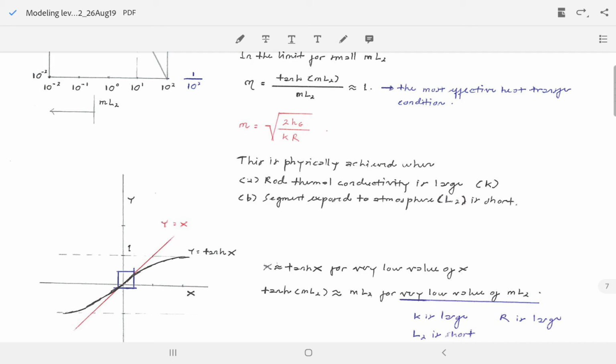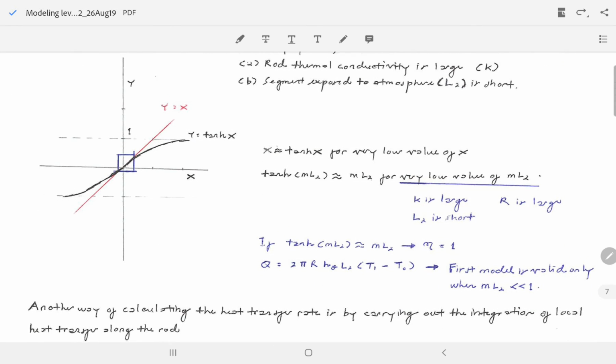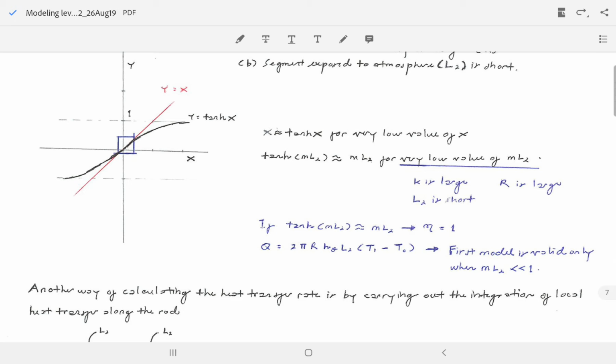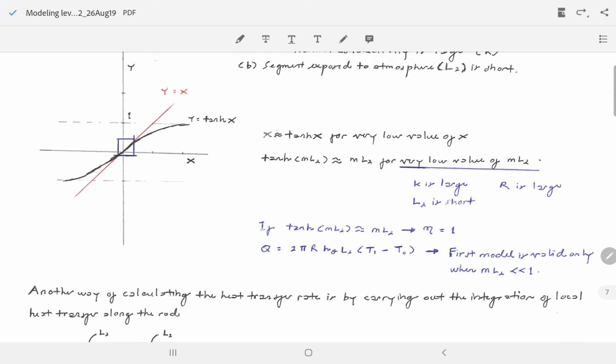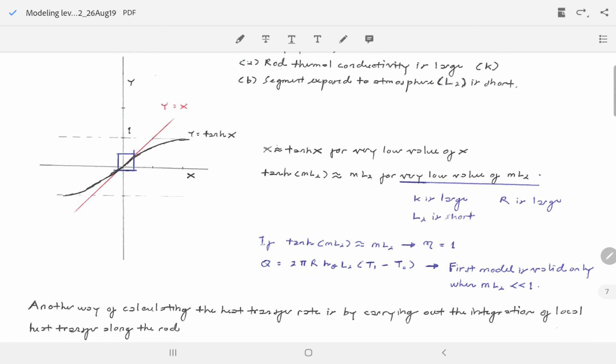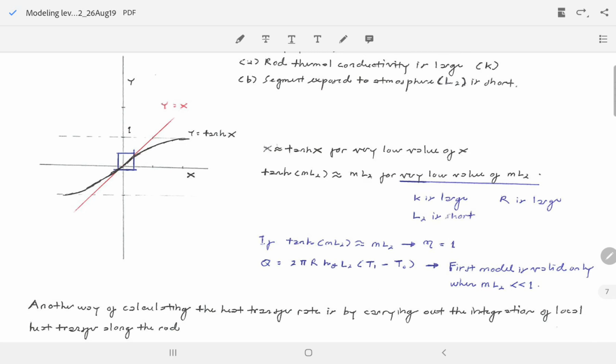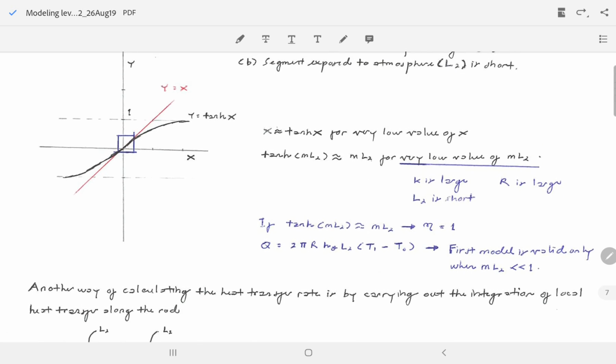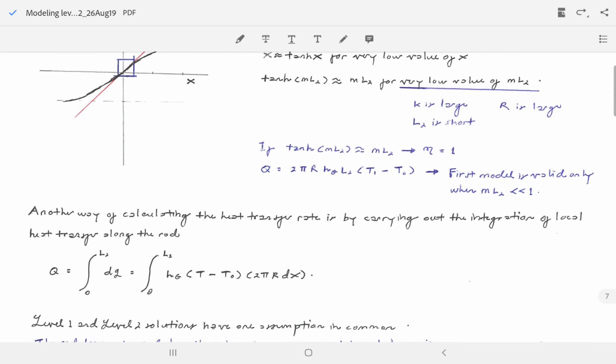This is valid if the rod thermal conductivity is very large or the segment exposed to the atmosphere is short. Another way of thinking about it is if we plot x versus y, where y equals tanh x, then x will be equal to tanh x only in the very small range near the coordinate of 0, 0. So ml2 will be very low.